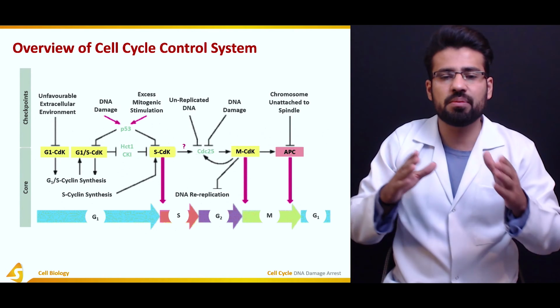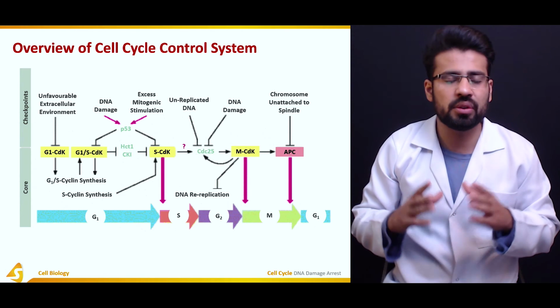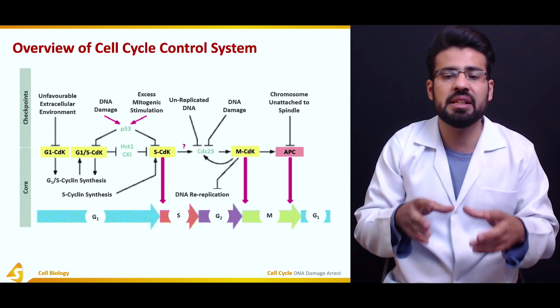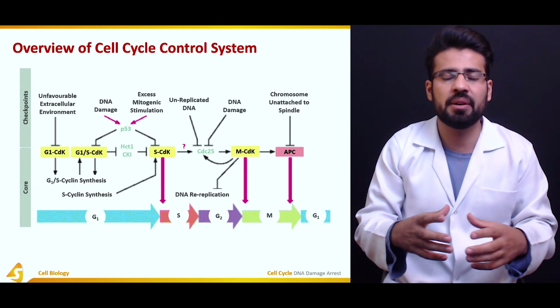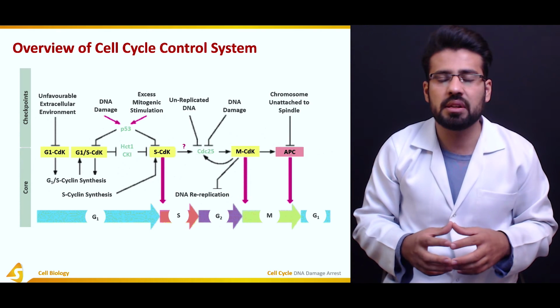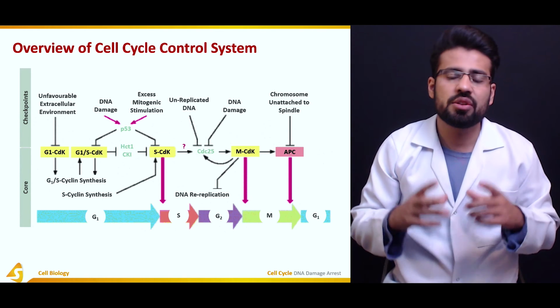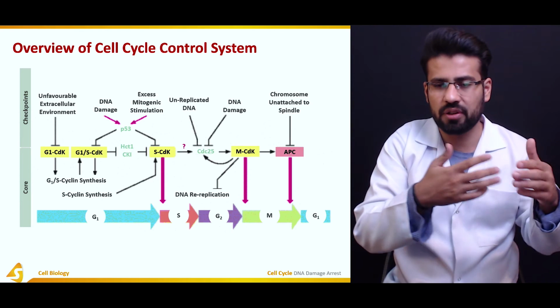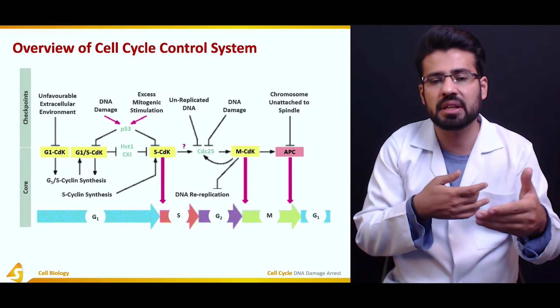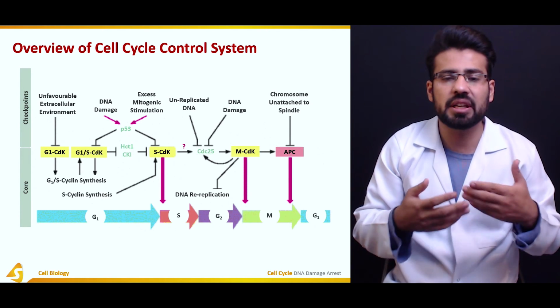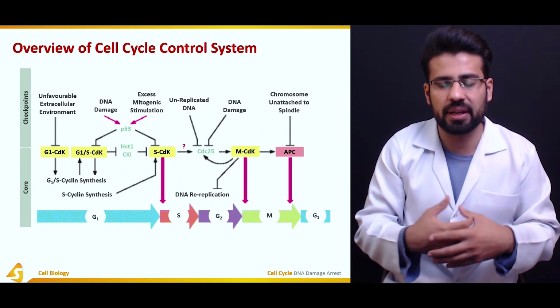So if the cell has moved to the synthesis phase, what happens? This synthesis phase is predominated by the presence of the S phase cyclin CDK complexes. They can also be blocked by the action of p53, like we discussed in the previous slide, where we discussed the action of DNA damage or unreplicated DNA.